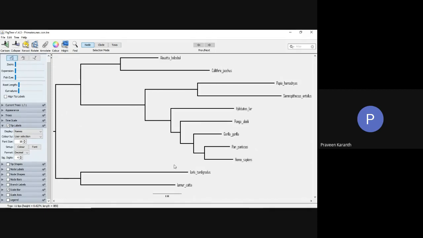It has just said, okay, you have not told me what the root is, so I'm just going to use Gorilla as an outgroup and root the tree, and it spits out a tree. So this drives home a very important point: you have to be careful about what the program spits out, and make sure that you have given it all the information it needs. Sorry, Chaitanya, carry on.